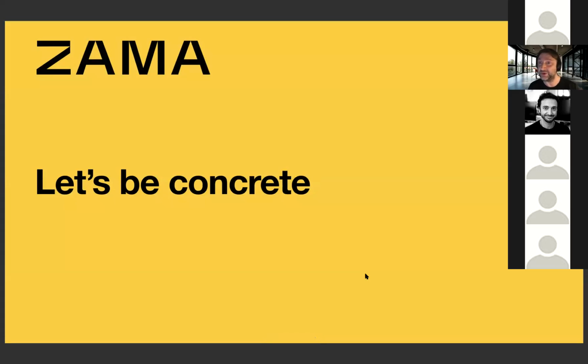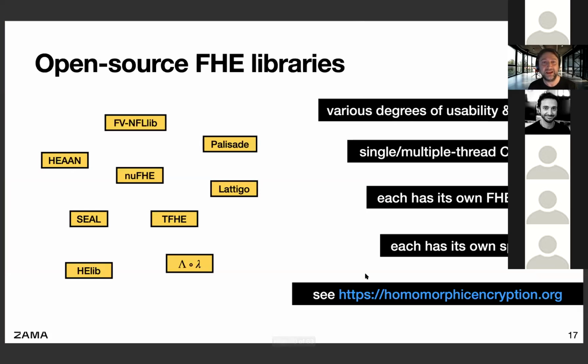So now let's be concrete. If you're a developer and you don't know anything about cryptography, or you don't want to have to deal with the gory details of how FHE works, because there are plenty of these gory details, let me tell you, you may look at the libraries that are available out there. And you will find a number of libraries that are open source.